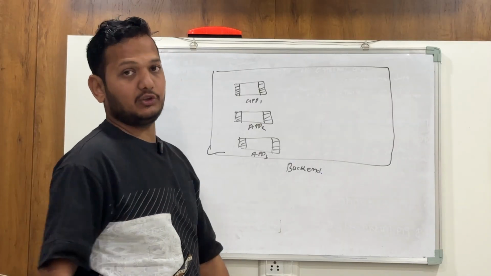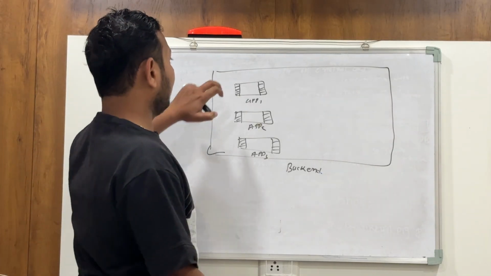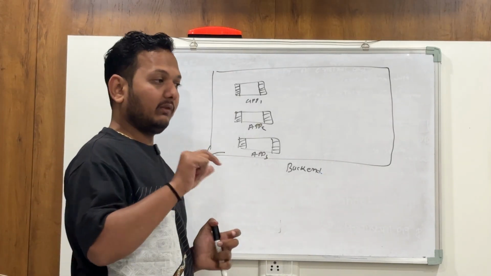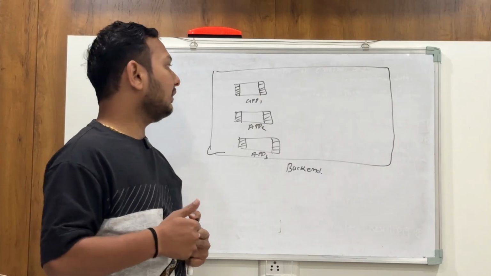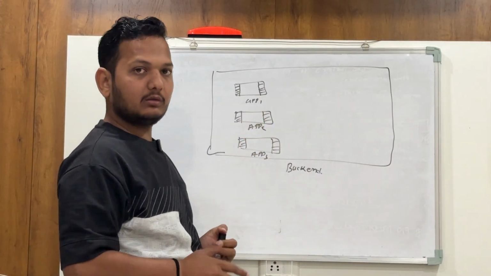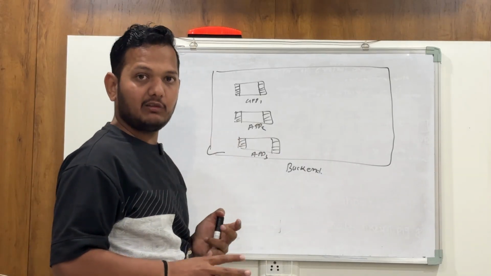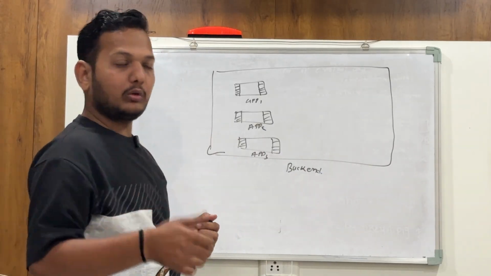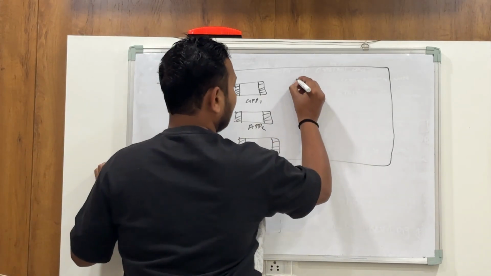So it will be a stateful architecture. So that is the local storage, where we can store the data in the app server itself, right? That is the local storage.